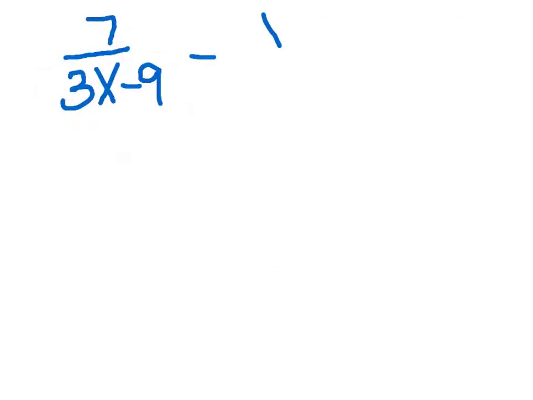Okay, example 3. I blanked out my example, so I get a whole big screen to write in. So here's example 3: 7 over 3x minus 9, minus x plus 4 over x squared minus 9.